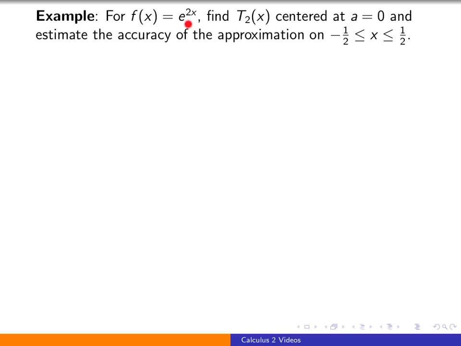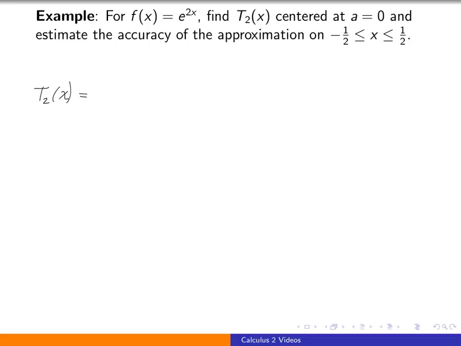For the function e to the 2x, let's start off by finding the second degree Taylor polynomial centered at 0. And once we have that, we will estimate the accuracy of this approximation on the given interval. So T sub 2 of x, let me just write down its formula to get started. T sub 2 of x centered at a equals 0.